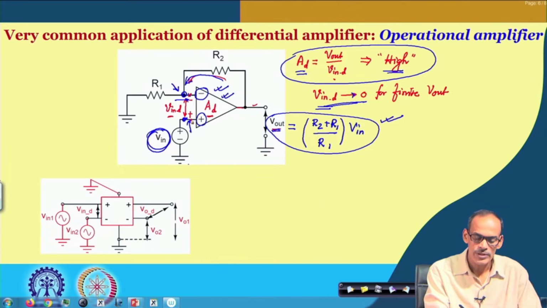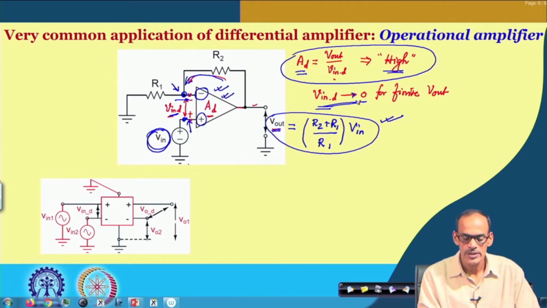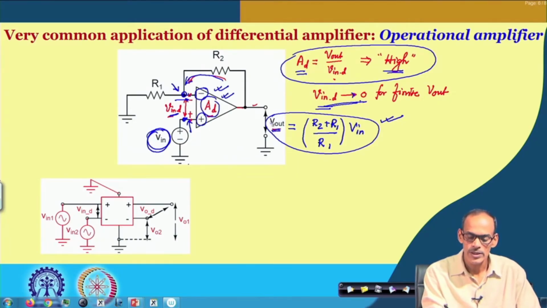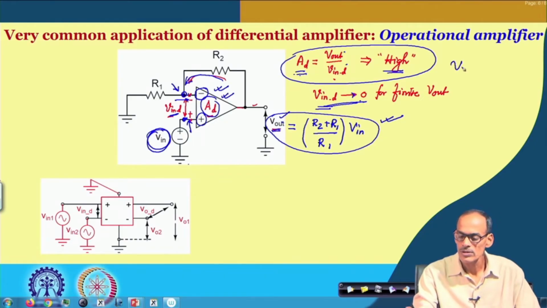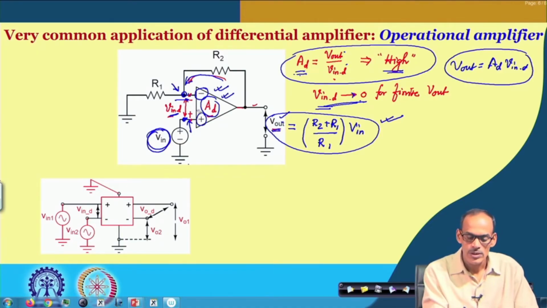Of course, it is a differential input, though expected to be very small, but that is the signal which, after multiplying with A D, produces V out, because the definition of A D is given here, and from that we can say that V out is equal to A D times V in D. So it is amplifying the differential input and then producing the corresponding output.